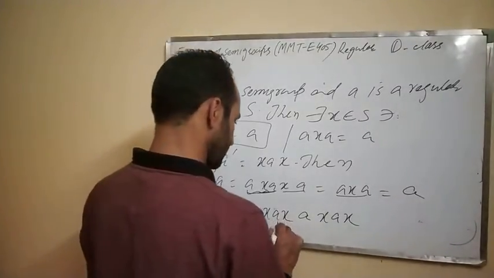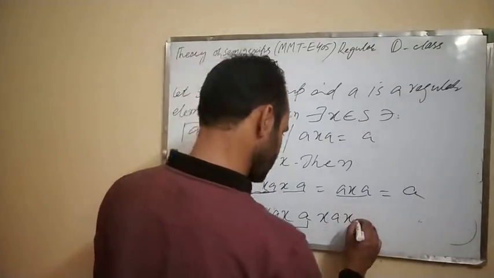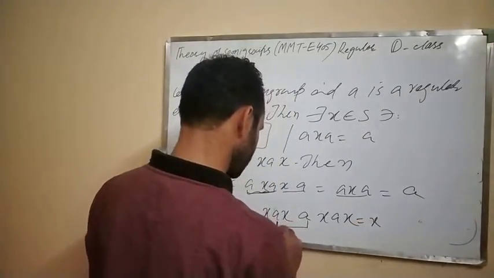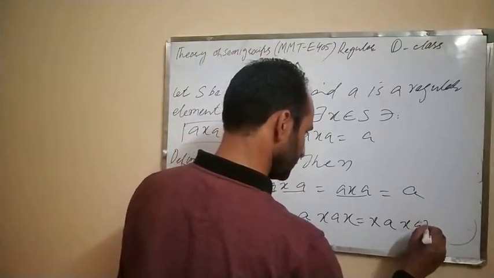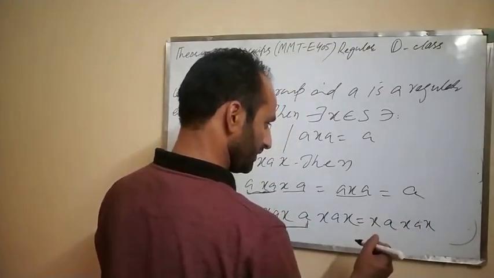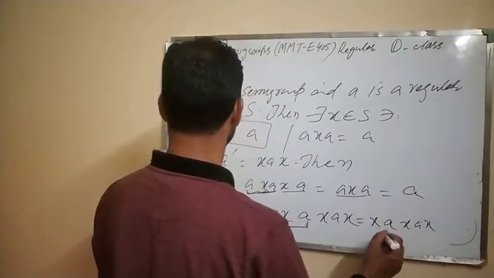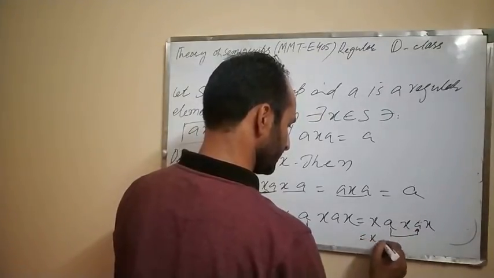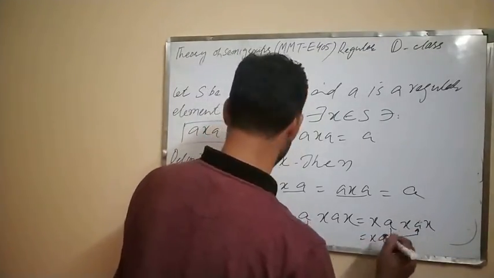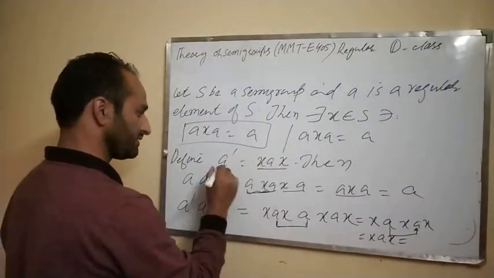Now see this. AXA is equal to A. It's equal to X. This one, it's equal to A. Now XAX. Again, you can see this AXA is equal to A, and XAX is A dash.